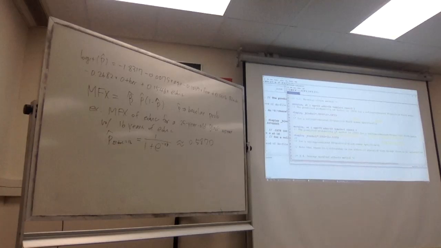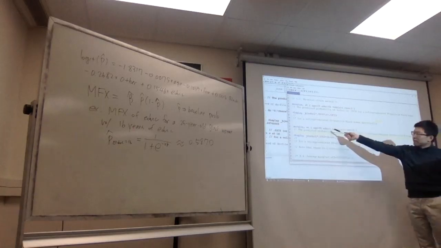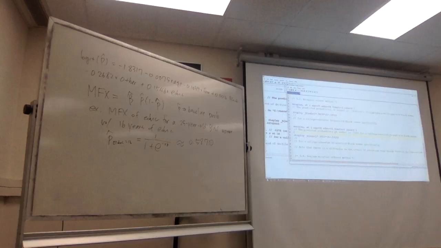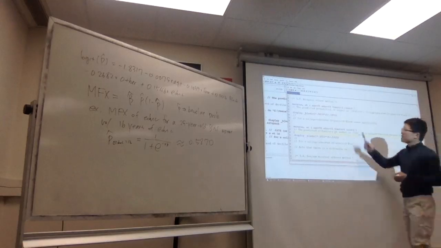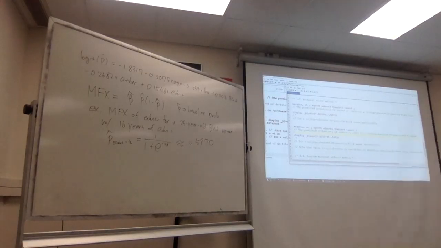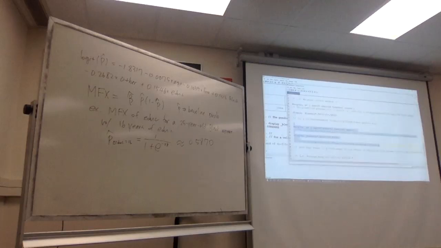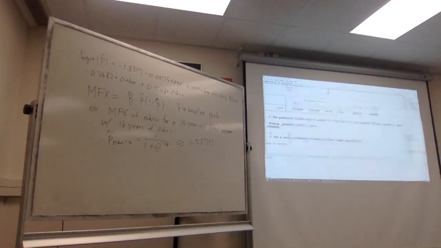And you can do the same thing with a 55-year-old woman with the same other characteristics. As you can see, the marginal effect for this person is slightly different from what we saw earlier.